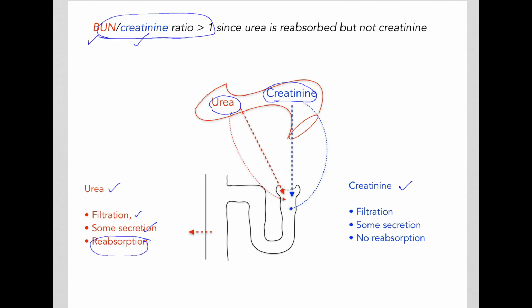However, creatinine is filtered by the kidneys. There is some secretion, but there is no reabsorption. This means that because of the reabsorption, the concentration of urea in the bloodstream is going to be higher compared to the concentration of creatinine, because creatinine is not reabsorbed and is excreted more than urea.